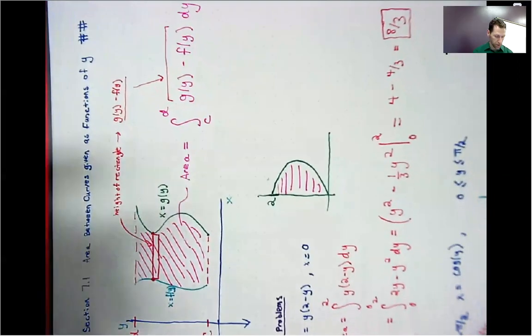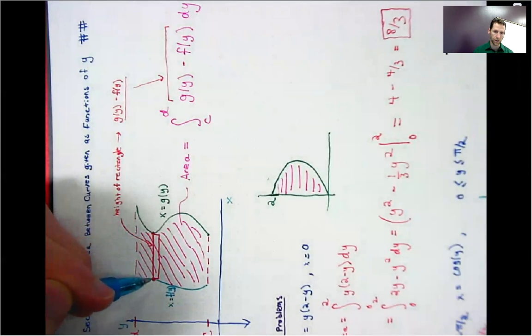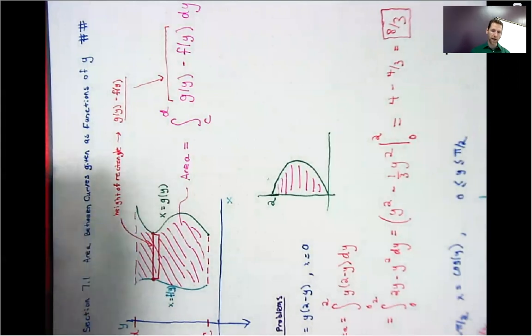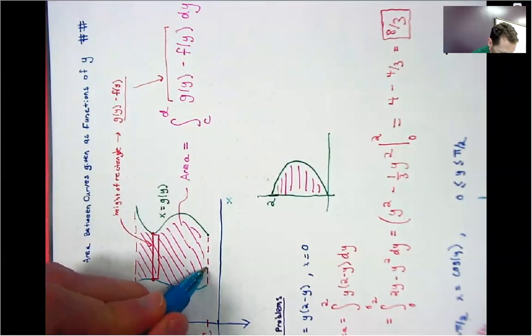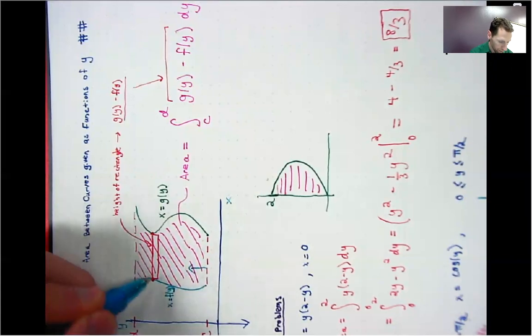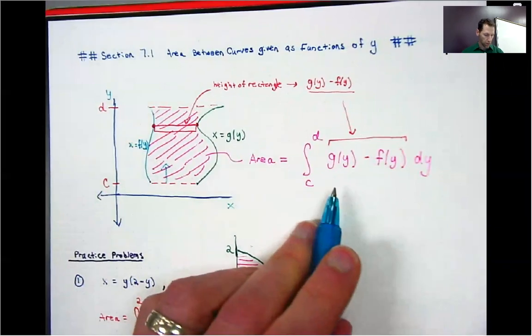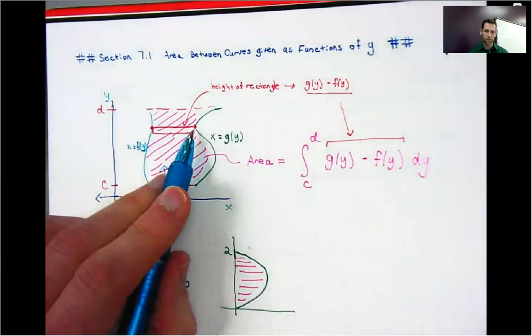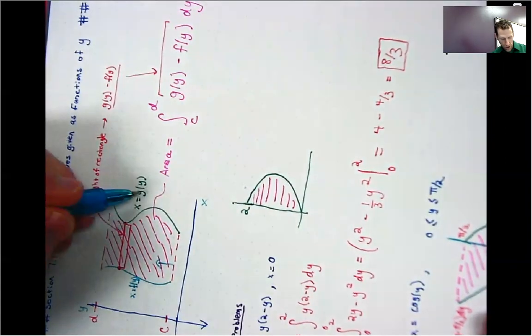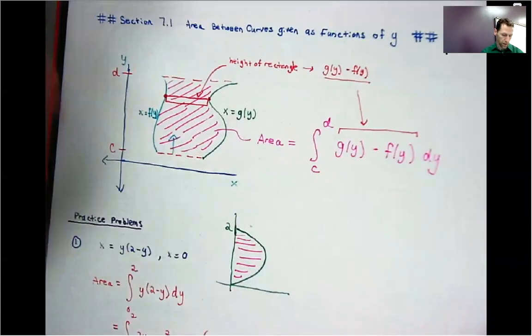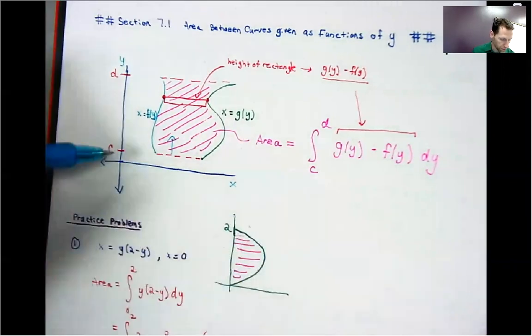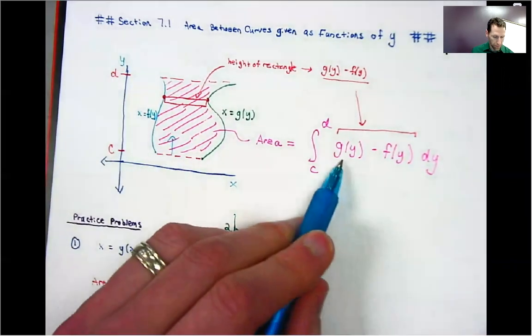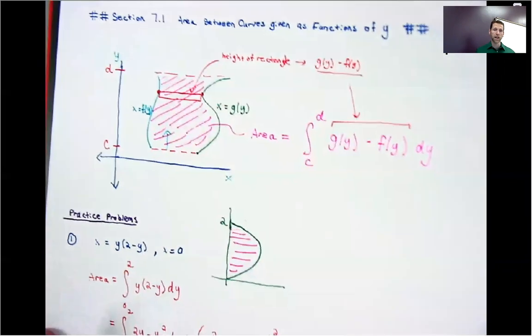Well, you found out how to do it in this case, and we just took the top function minus the bottom function. So we're just going to do the same exact thing. We're just going to be integrating from here to there, the top minus the bottom. And so if we look at what we have, my top function, you have to really tilt your head to look at, this is the top function, g, bottom function is f, and the area is the integral from c to d of the top function minus the bottom function, just like we did before.